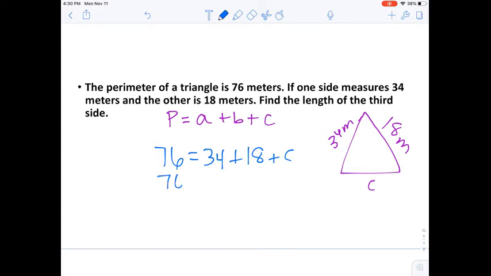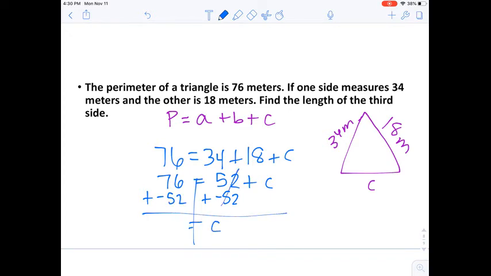Now I'm going to combine my like terms, so I get 76 equals 52 plus C. To undo that addition, I'm going to subtract. So I'm going to add negative 52 to both sides. When I solve that, those cancel.